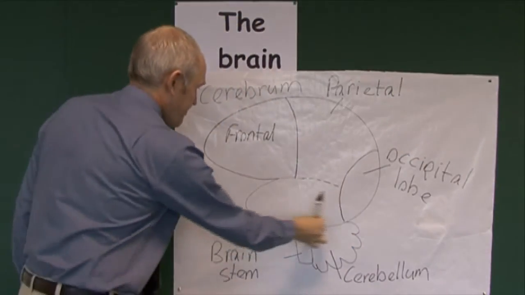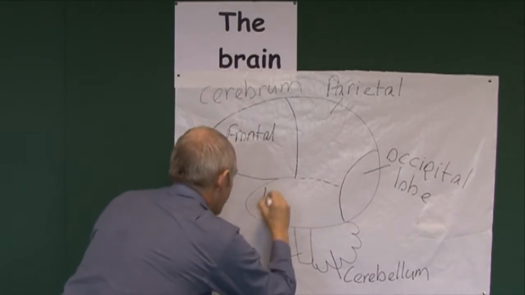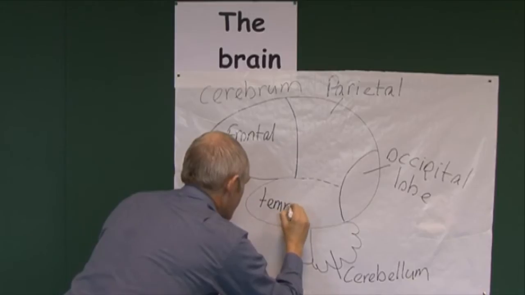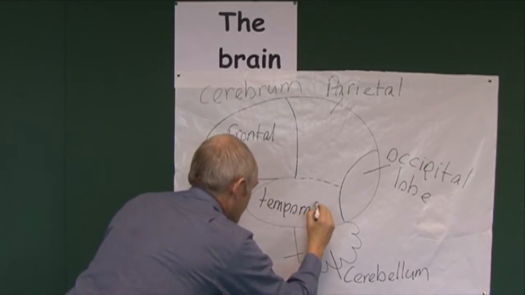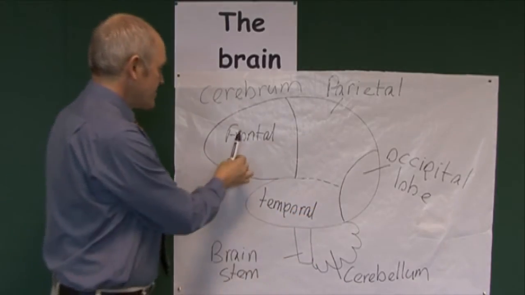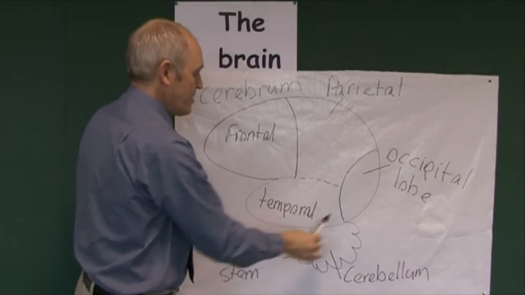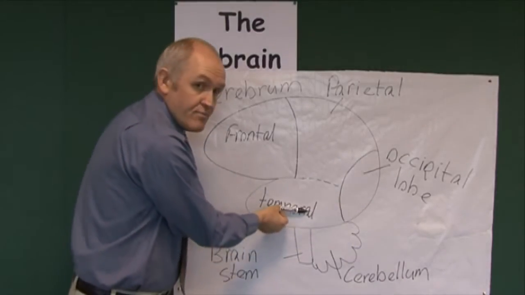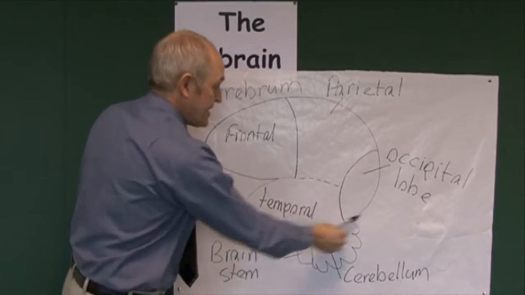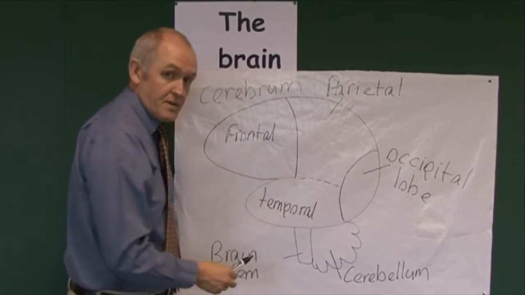And that leaves this lobe here, the temporal. So we've got the frontal lobe, the parietal lobe, the occipital lobe, and the temporal lobe. The four lobes of the cerebrum, the top part of the brain.